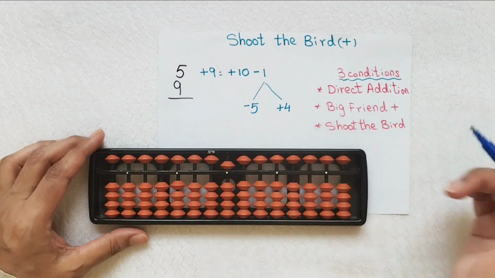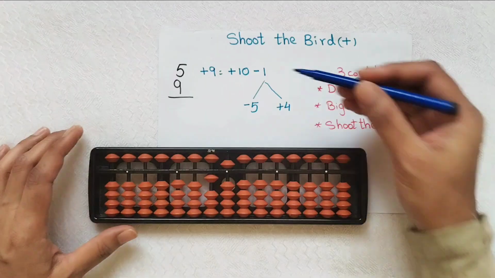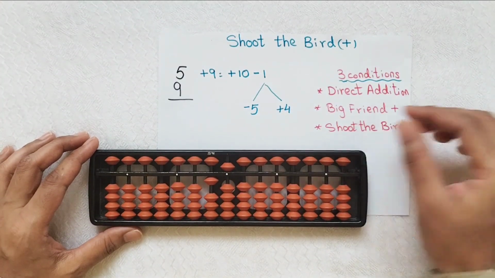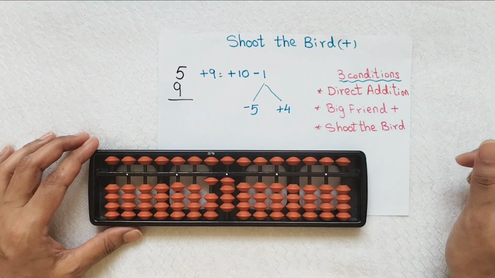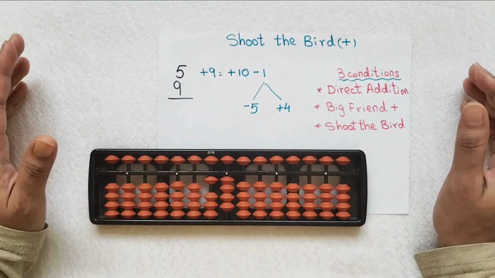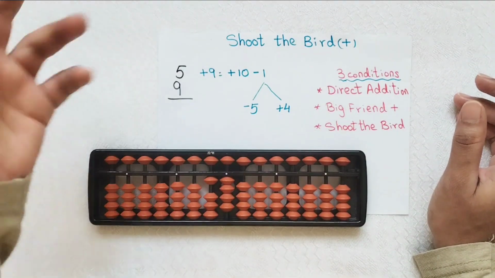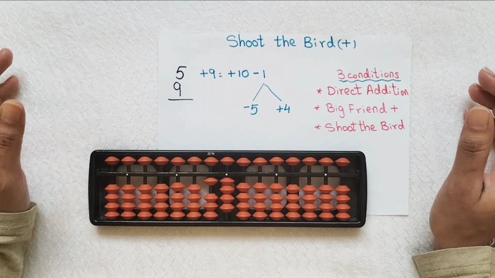So 5. Now I am to add 9. That is plus 10 less 1. So for less 1, I have to use another formula, that is less 5 plus 4. My answer is 14. So for one question, we are using two different formulas and we have to remember two friends, big friend addition and small friend subtraction.